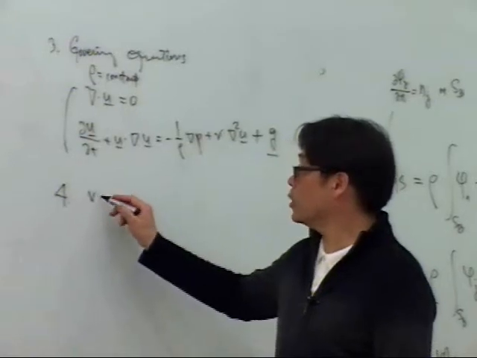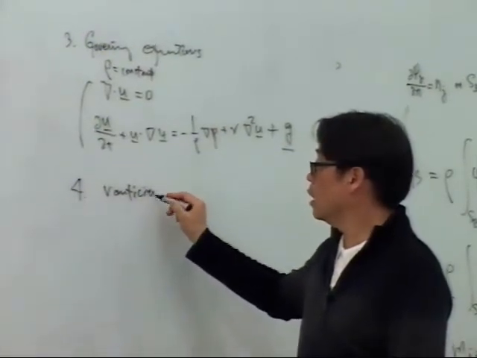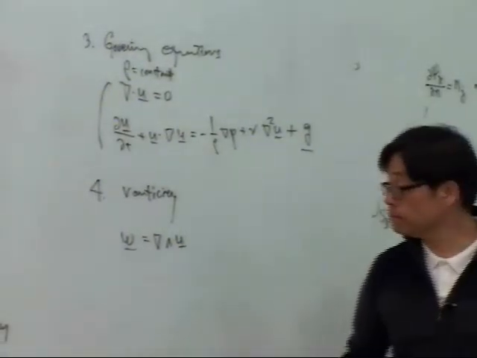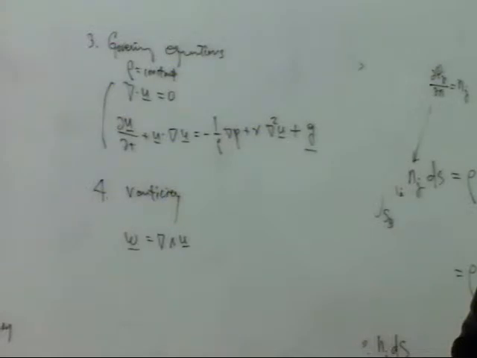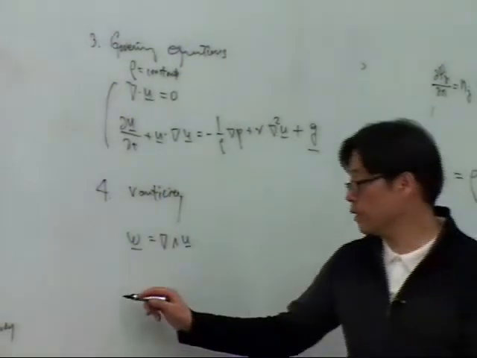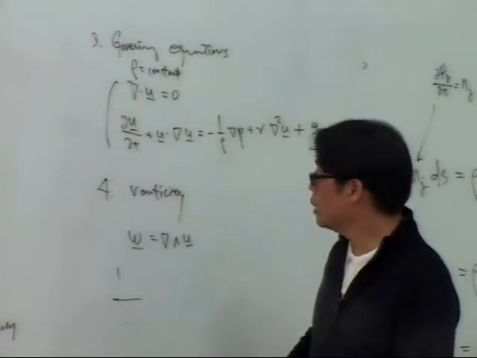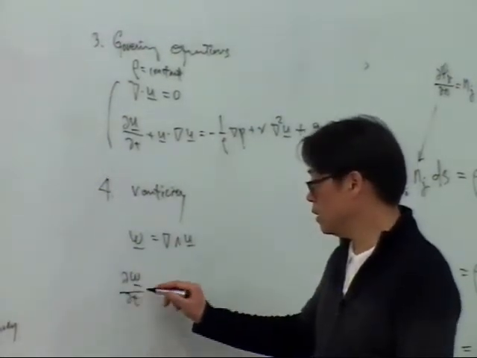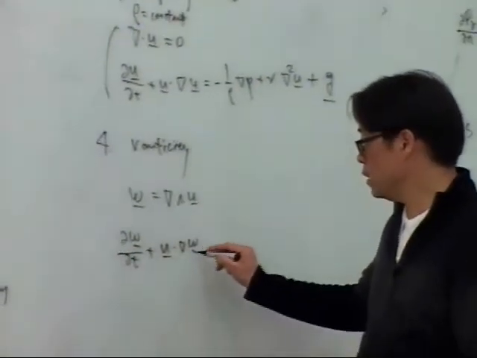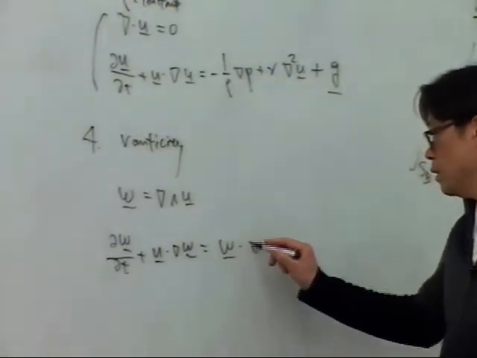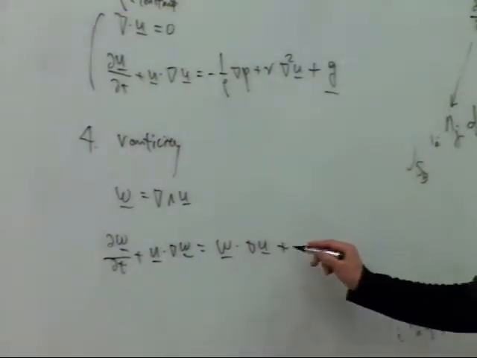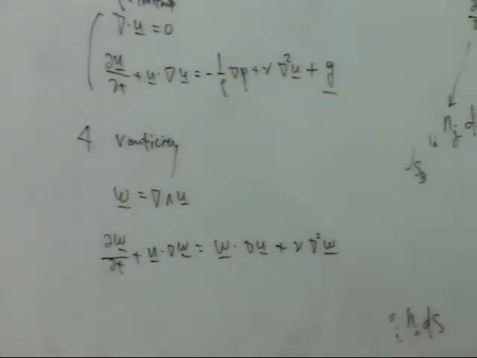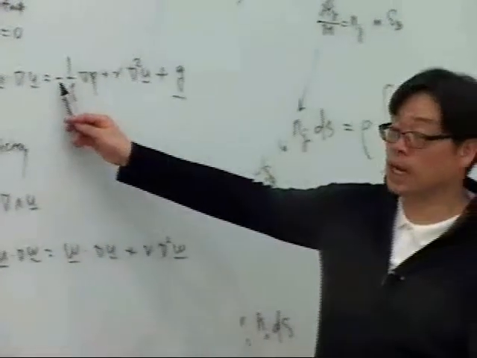And then we talked about vorticity, which is defined as the curl of the velocity vector. And so the equation of vorticity: when you take the curl of this guy, you get this.